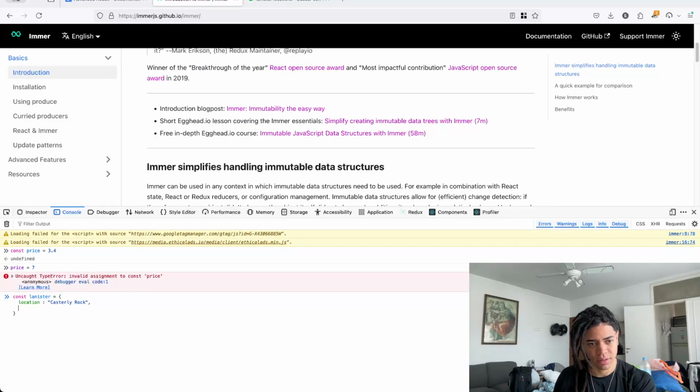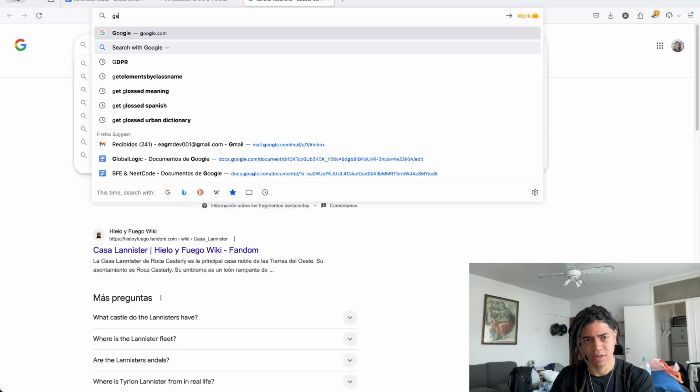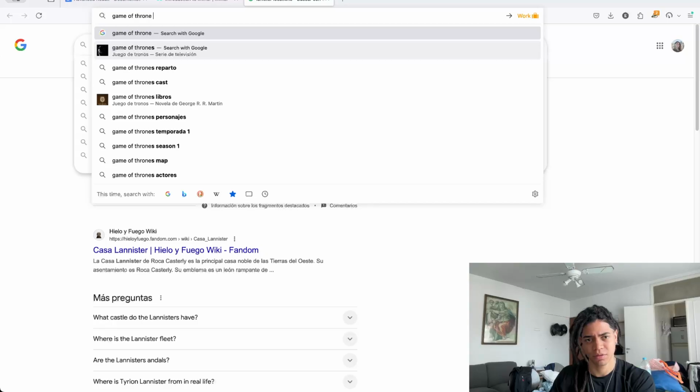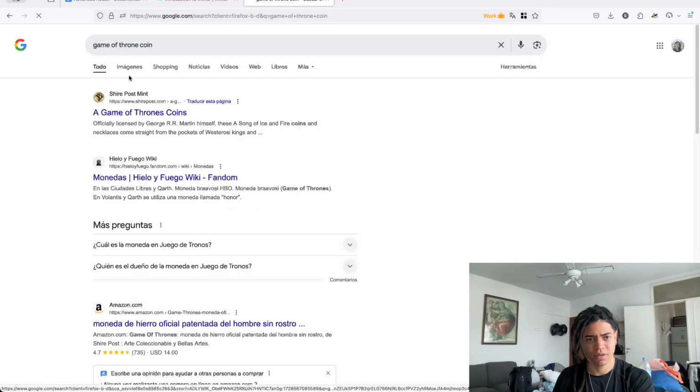Casterly Rock. You can say wealth. Let's say they now have 100 of whatever coin they're using. What is the coin that they're using here? A Game of Thrones coin.